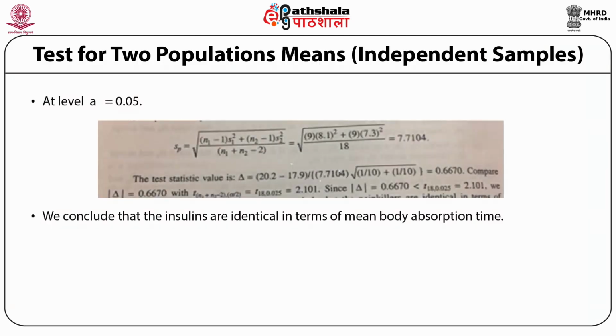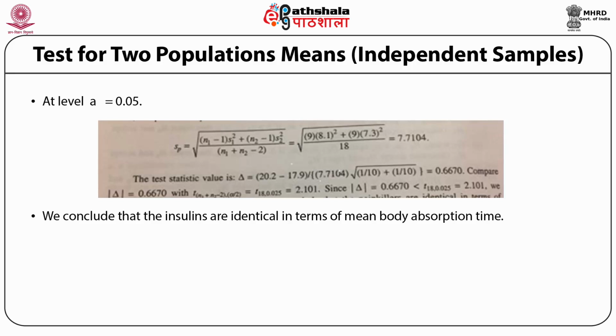First we calculate the t calculated, which is denoted here by the notation delta. The test statistic value is delta here, and it comes out to be 0.6670. The formula is the same, T is equal to x minus mu over sigma, or you can use the formula we have stated, n1 minus 1 into s1.